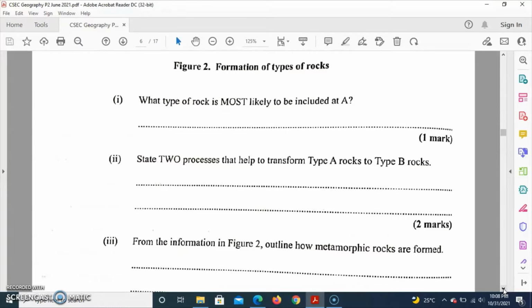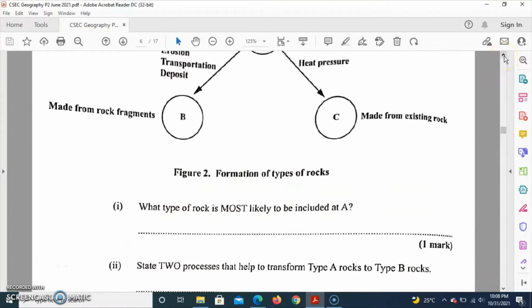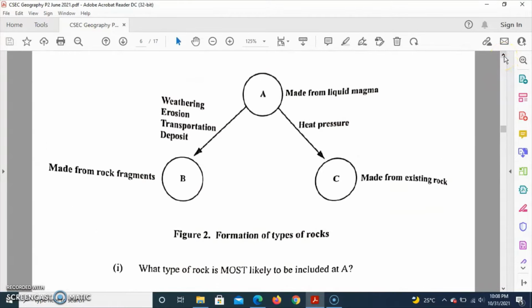For the information in figure 2, you're to outline how metamorphic rocks are formed. Now, by the information collected for part 1 and part 2, we ascertain that A was igneous rock, and B is sedimentary rock.